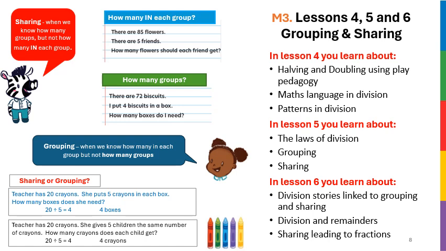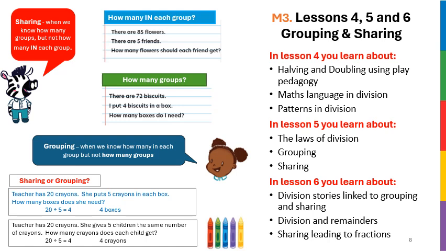And this cute little girl at the bottom says grouping when we know how many in each group, but not how many groups. So I'd like you to look at the 2 examples at the bottom of the screen. And I want you to see if you can work out which one is sharing and which one is grouping.